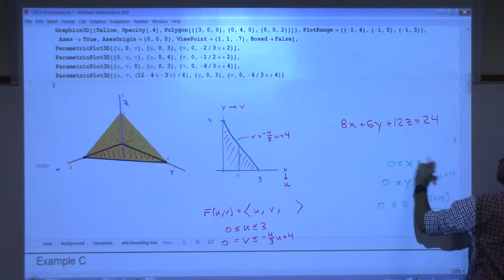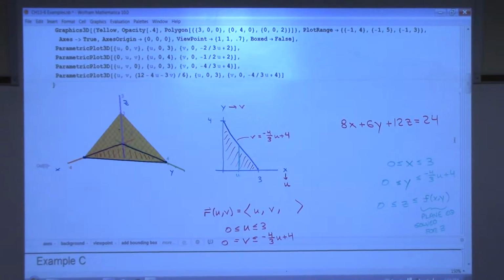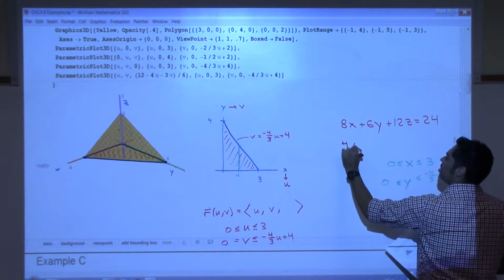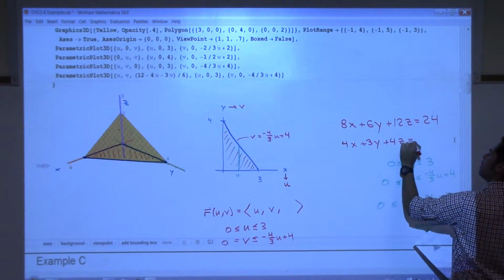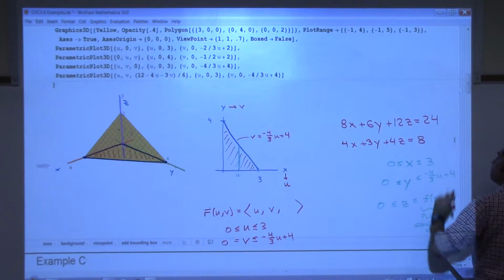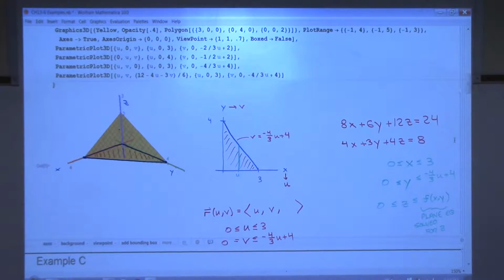I believe that's what I got, and you can reduce that out. And if you solve that for z, should I just reduce everything by a factor of 3 right now, or a factor of 2? You get 4x plus 3y plus 4z equals, what's that, 8? And then you solve for z.